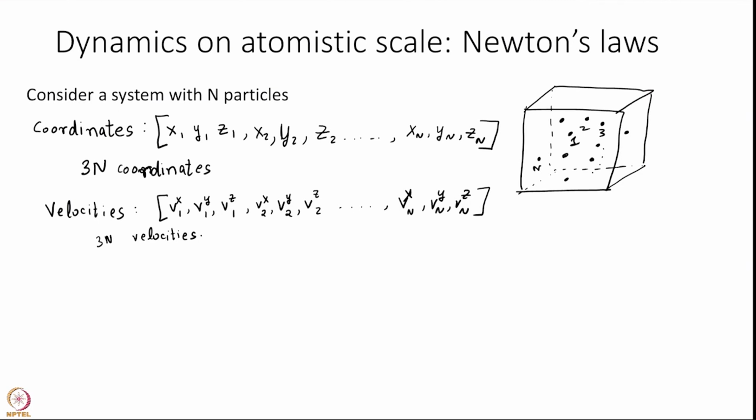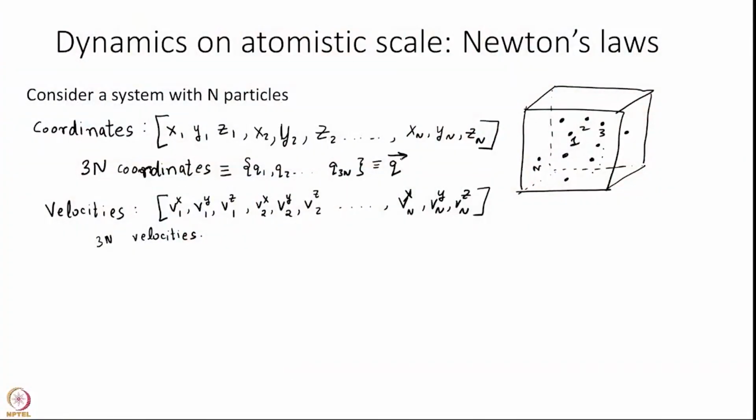These become a lot of variables and writing them becomes a bit complicated. What we do instead is we define the 3n coordinates as simply q1, q2 till q3n, and this we call the vector q. So, I had 3n variables x1, y1, z1 till xn, yn, zn.